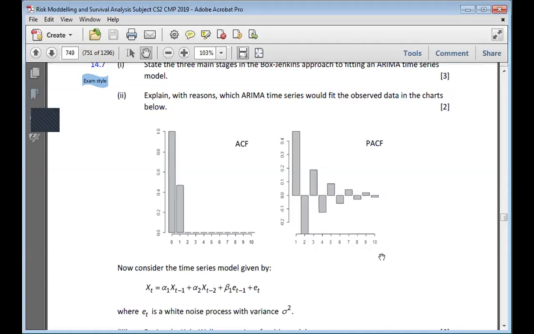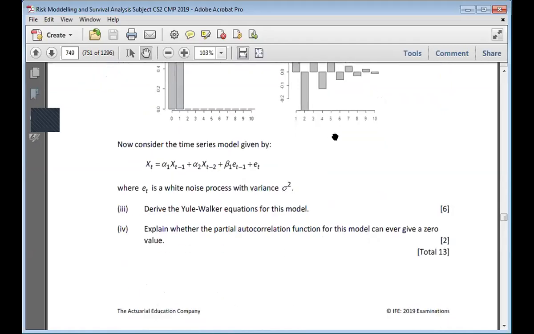These kinds of questions will likely come up in the exam. Oh, they have actually used the word Yule-Walker. When I'm talking about Yule-Walker equations, what they mean is actually very simple: just the covariance equations.